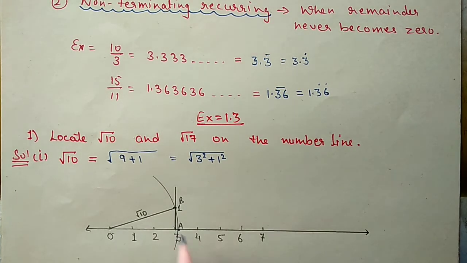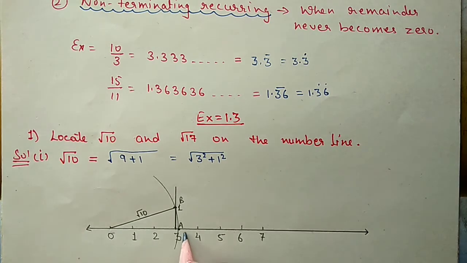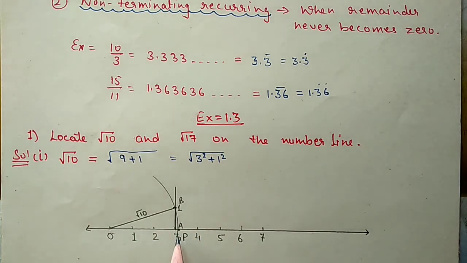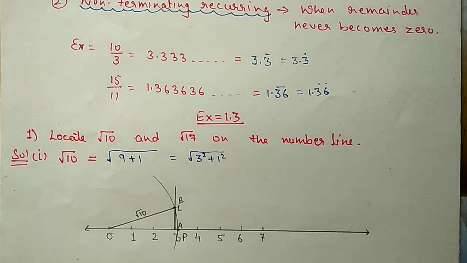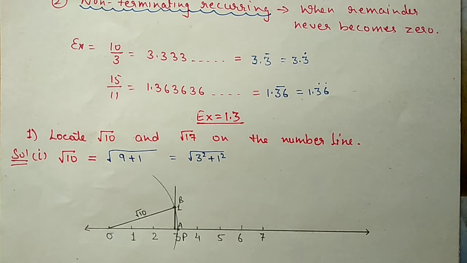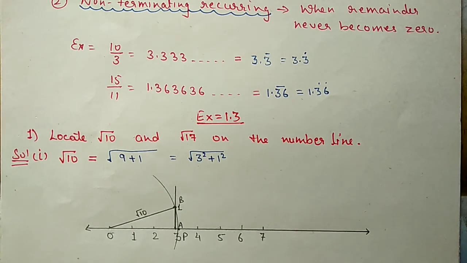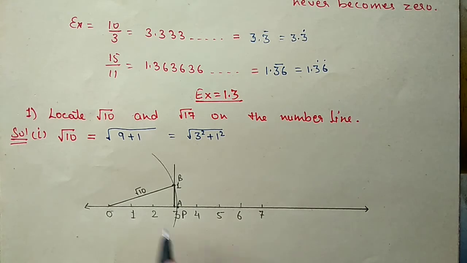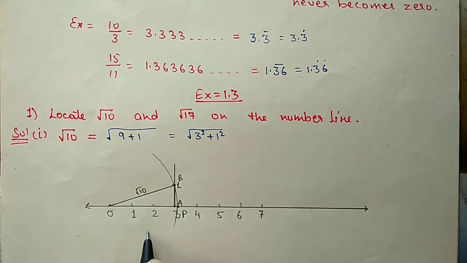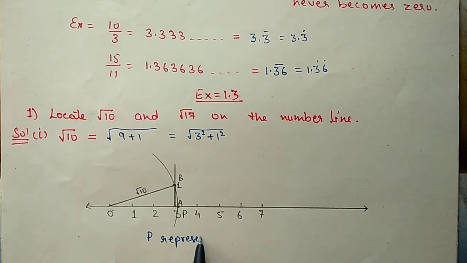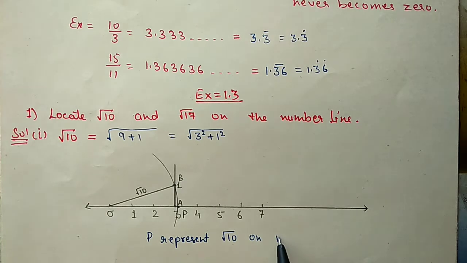This point is P, which is the location of root 10 on this number line. So we can write here, P represents root 10 on the number line.